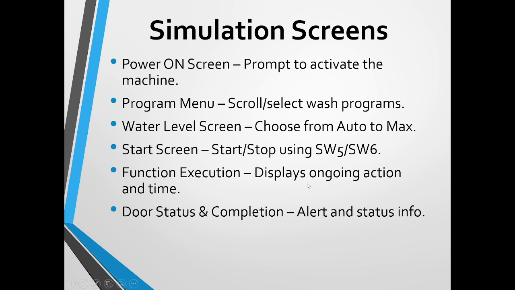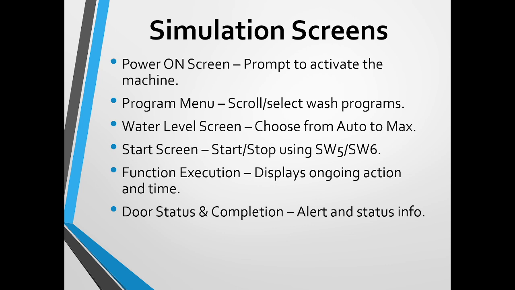Then door status and completion status, which shows an alert if the door is open, and if the operation is completed, then it shows a status like remove your clothes, operation is completed. So these are the different simulation screens as I already told.